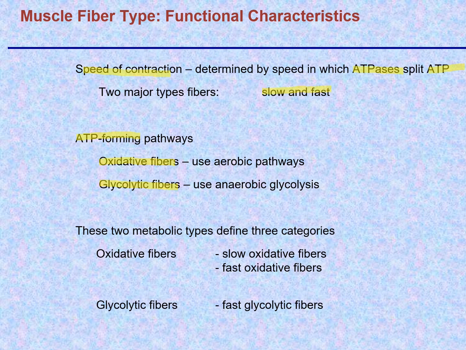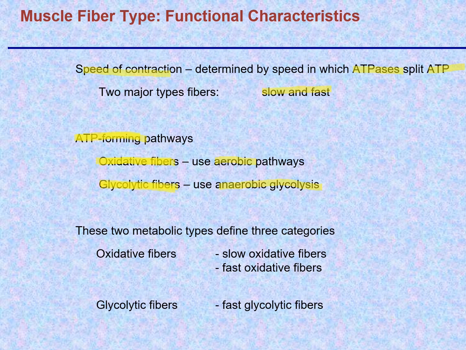You can have slow or fast, and the formation of ATP, the biochemical pathways that lead to formation of ATP. You can have oxidative pathways, which use aerobic metabolism, oxidative phosphorylation, aerobic respiration, or you can have glycolytic fibers which use anaerobic glycolysis. In other words, lactic acid fermentation.